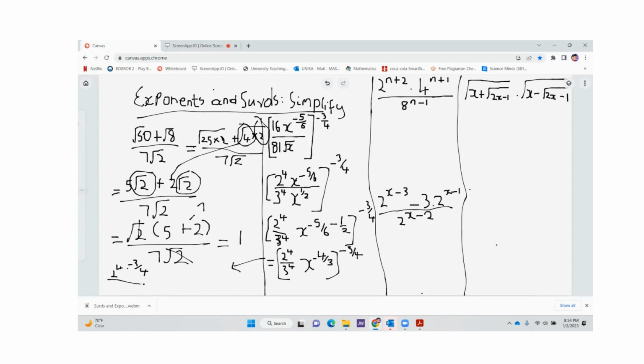We are going to have 3 to the power of 4, that exponent multiplied by the outside exponent also, and the outside exponent is minus 3 over 4, and lastly x, which is to the power of minus 4 over 3.